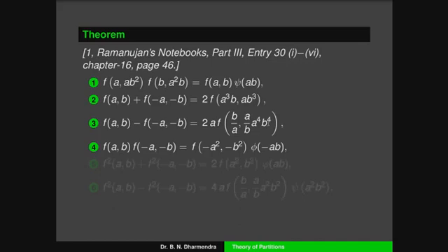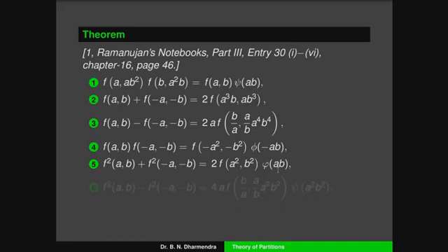The next one, we take the squares: f^2(a, b) plus f^2(-a, -b) is equal to 2 times f(a^2, b^2) times phi(ab).